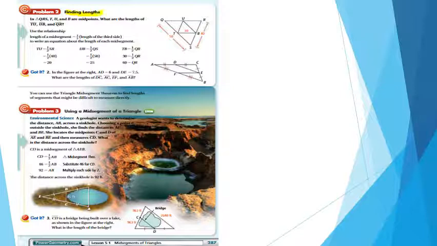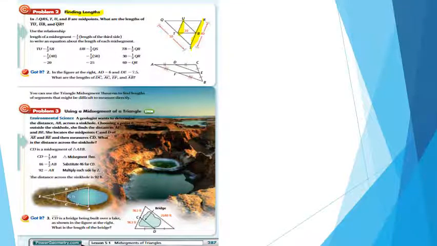Let's see next, page 287, problem 2. Finding lengths. In triangle QRS, T, U, and B are midpoints. What are the lengths of TU, UB, and QR? Okay, so they want TU, which is parallel to this. And we know from the theorem that this is half of this.